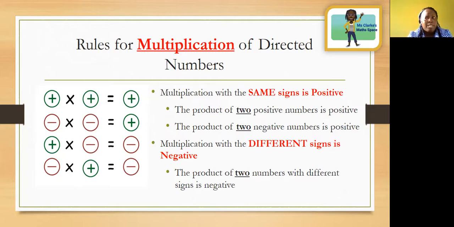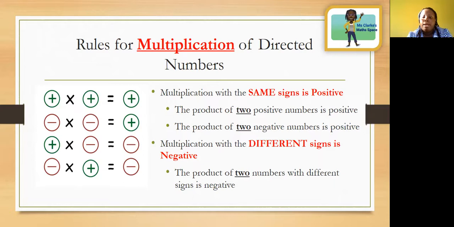So negative 3 multiplied by negative 5 would actually give you a positive result, which is positive 15. So that's the first set of rules for multiplication. When you have the same sign, a positive by a positive is a positive, and a negative multiplied by a negative number would yield a positive result.